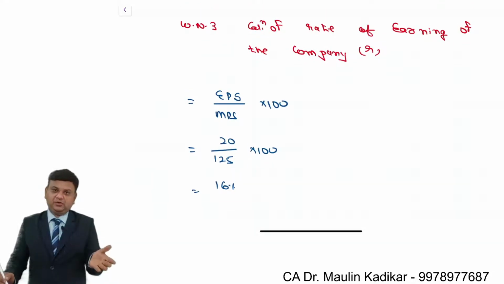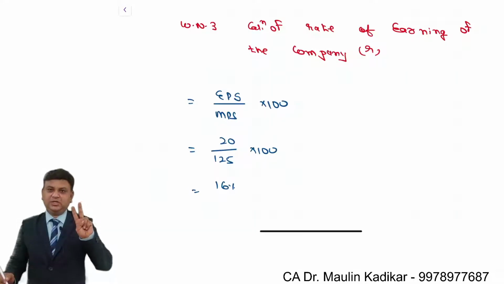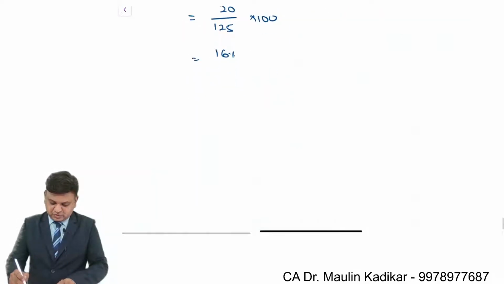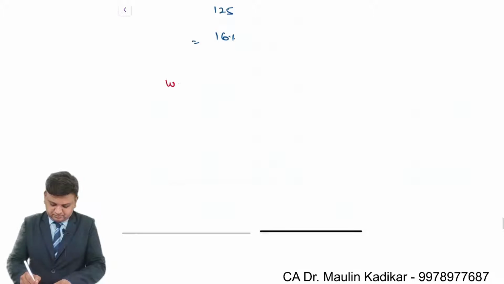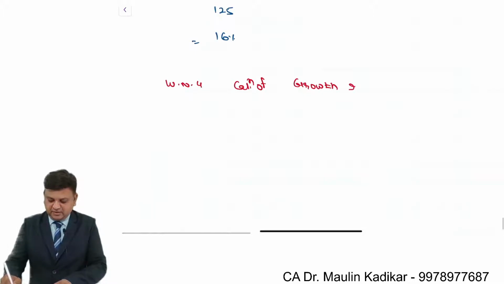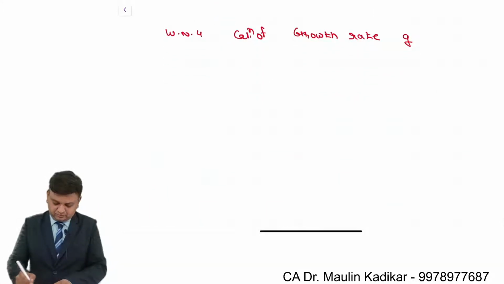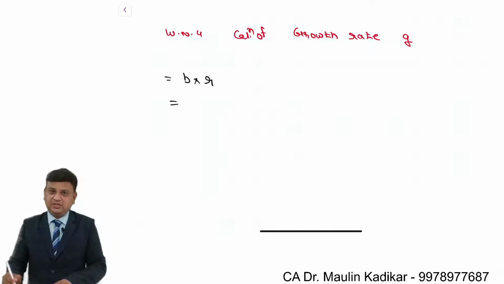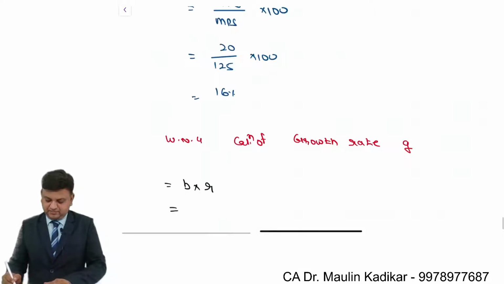We have dividend payout ratio, so based on that the retention ratio can be calculated. We have rate of earning, yes. Retention ratio, yes. So with that we can compute the growth rate. So working note number 4. Calculation of growth rate, that is G. It will be found as B into R. B stands for retention ratio and R stands for rate of earning.